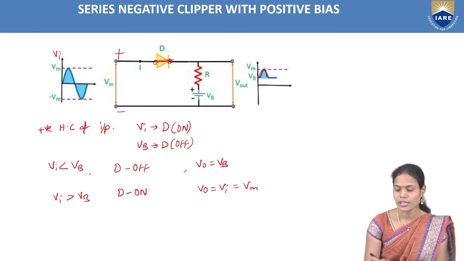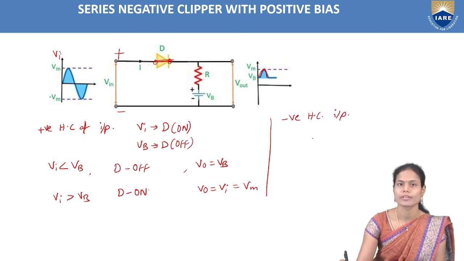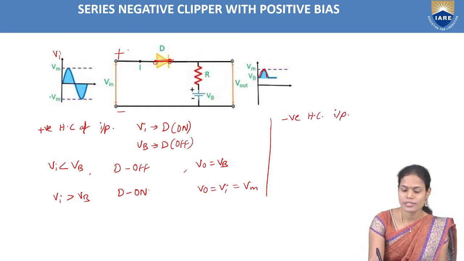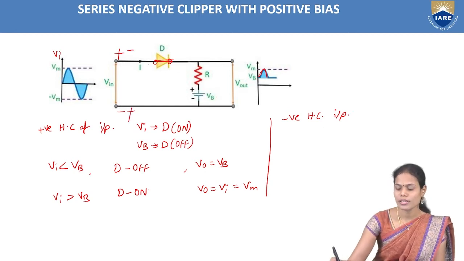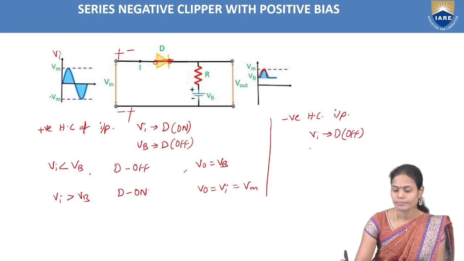Similarly, if we see the negative half cycle of the input signal, here it is negative, here it is positive. In this case, my input voltage is making the diode go into the off state, and the battery voltage is also making the diode go into the off state.